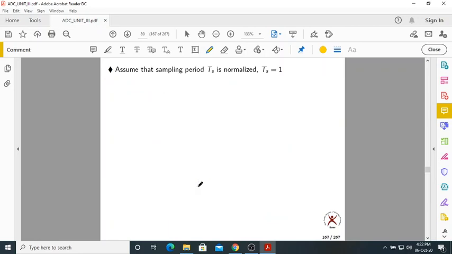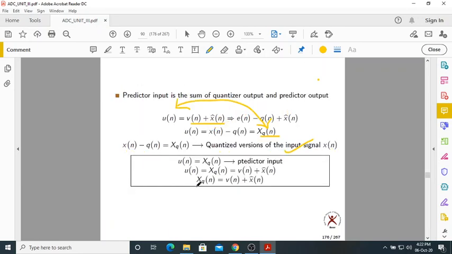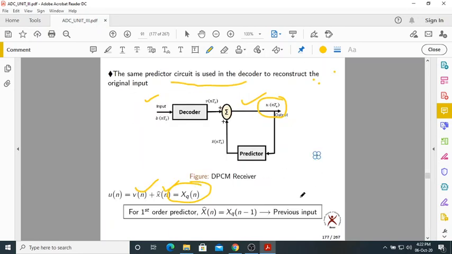Take care of this diagram, that is very important. Here, x cap of n is nothing but x q of n minus 1. It is simply the first order predictor output, that is the previous input.